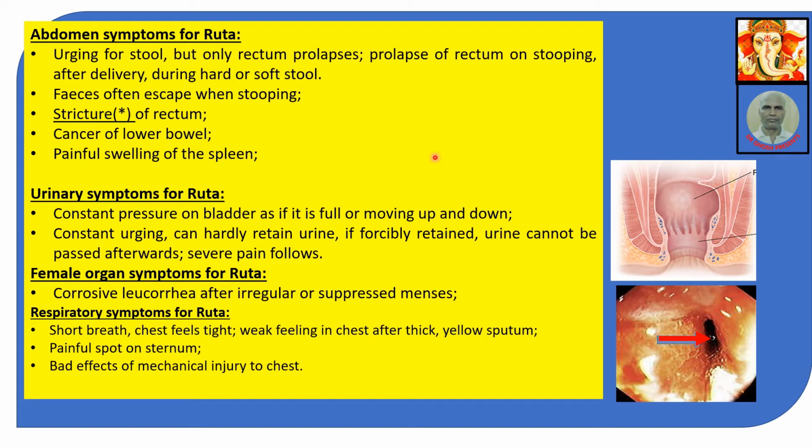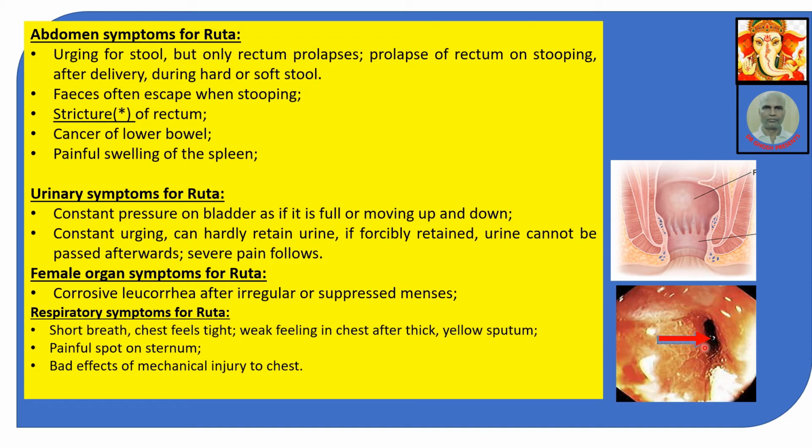Stricture of rectum. This is a picture of rectum, this is anal canal. Now, stricture of rectum means sometimes, due to infection or inflammation, there are growths or thickness inside the wall, so that the width of the rectum diminishes like this. Note this.